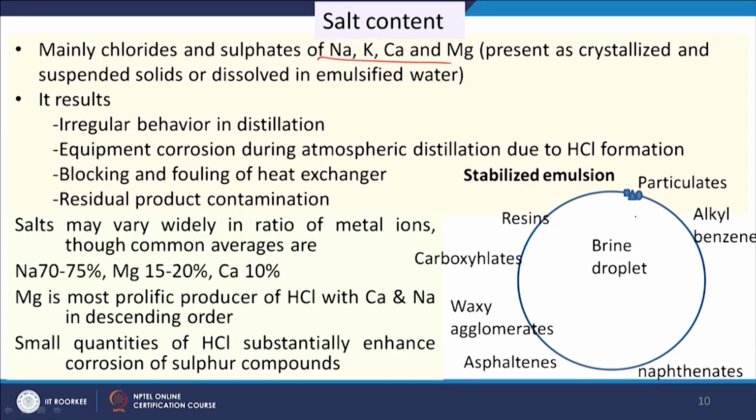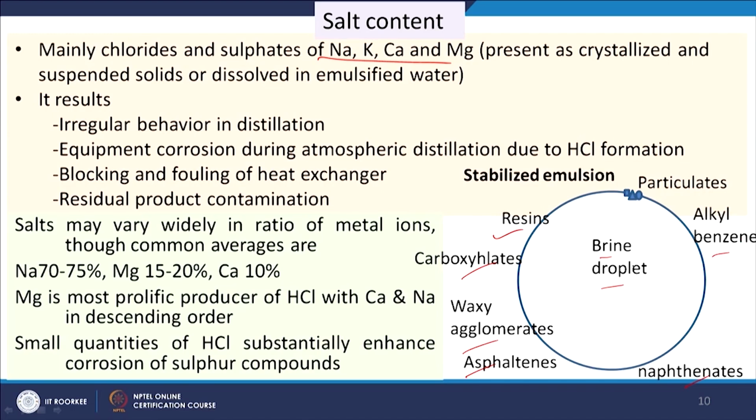As shown here, one brine droplet, say salt in water. This droplet size is maintained by the formation of a layer of resins, asphaltenes, waxy agglomerates, carboxylates and naphthenates, alkyl benzene.